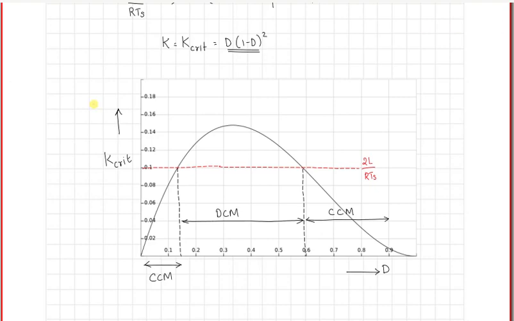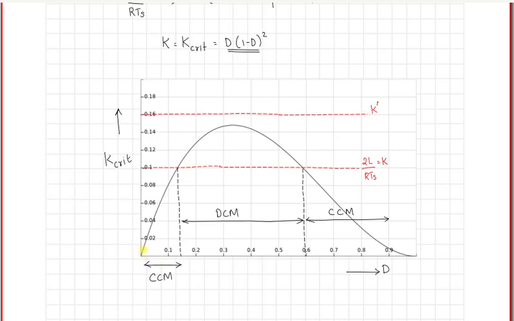And suppose that your k now has a value which is somewhere here. Okay, this is now your new value of k. So this was k, and let's say this is k dash, your new value of k.